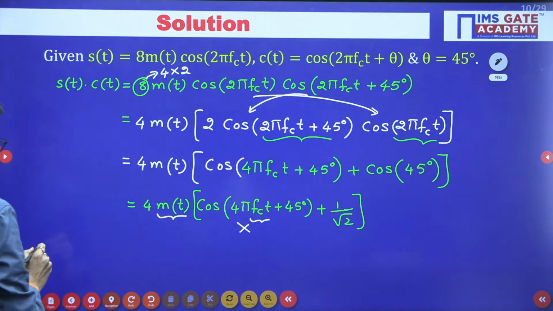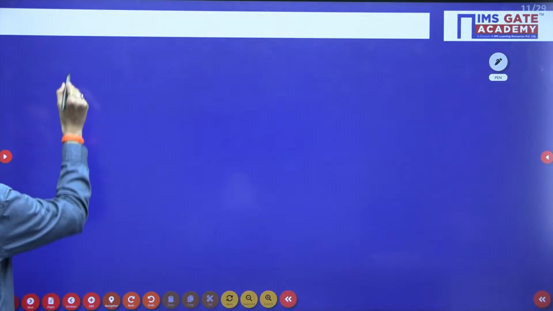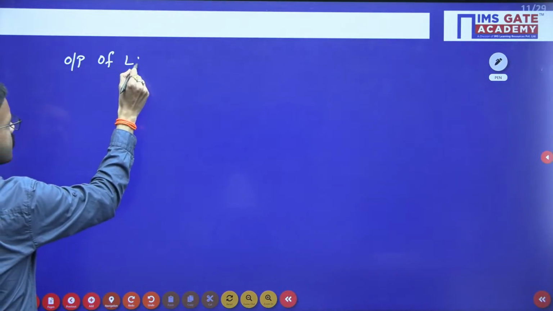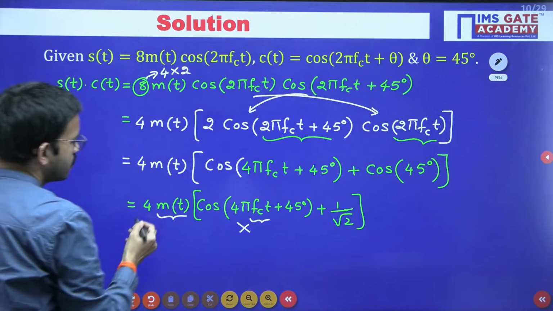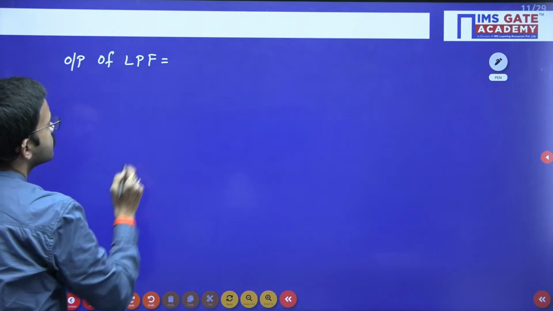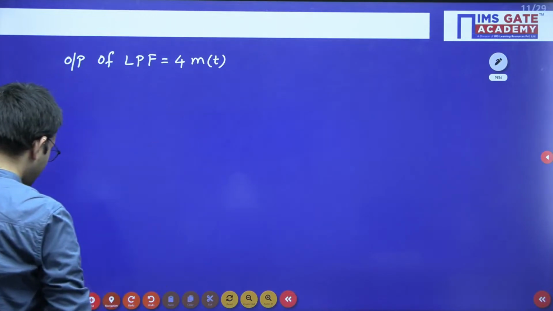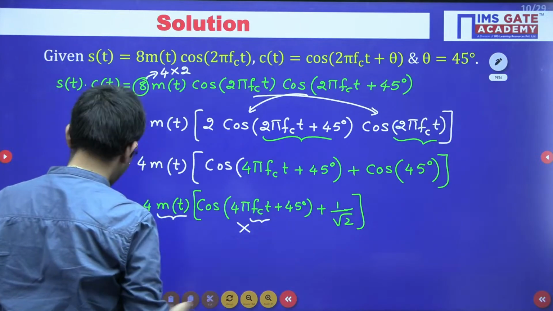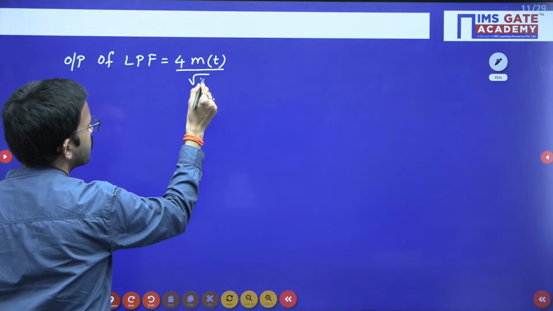So the output of the low pass filter will be 4 m of t into 1 by root 2, that means 4 by root 2 m of t.